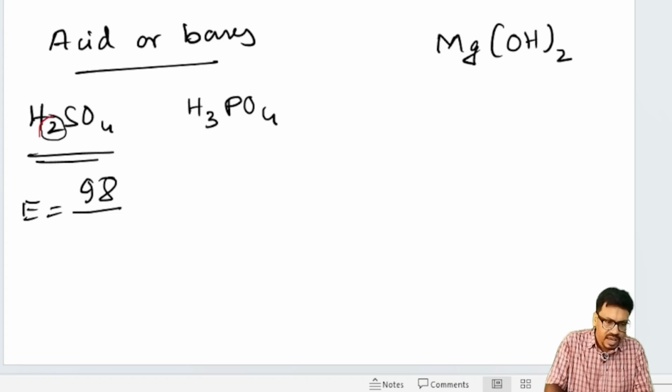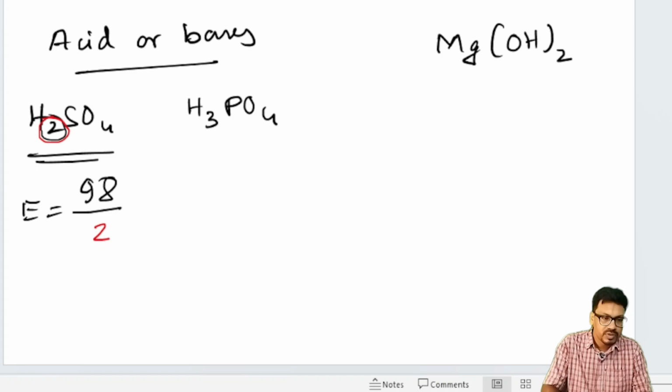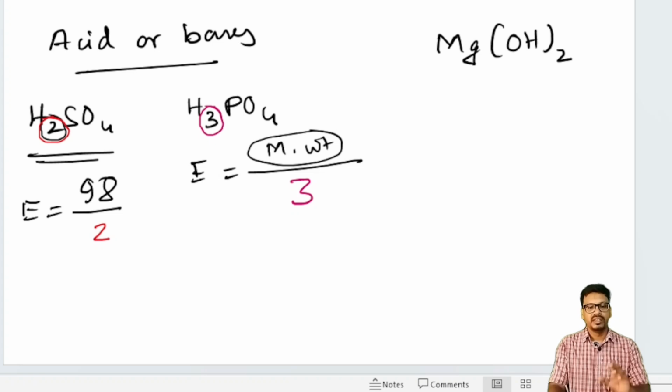Here replaceable hydrogen is 2, so it is divided by 2. In case of phosphoric acid, the equivalent weight is the molecular mass divided by 3, because here 3 is the replaceable hydrogen. We can replace the 3 hydrogens, then we get the phosphate ion.